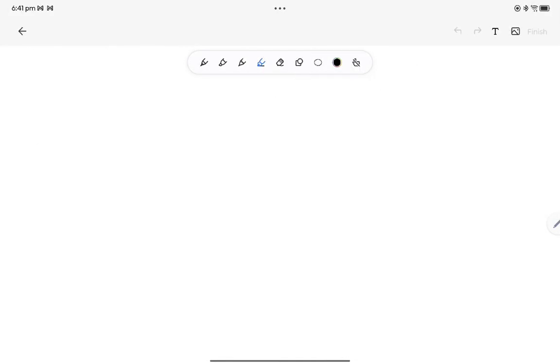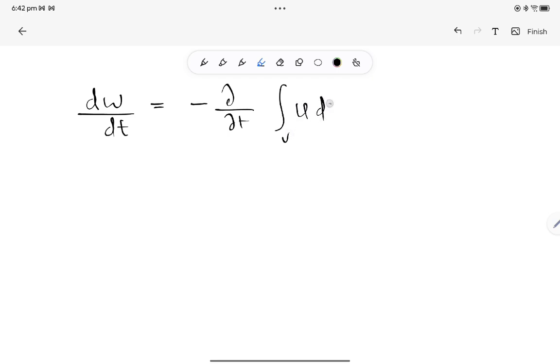We can write it more simply as dW by dt is equal to minus del by del t integral over V of u d tau, minus integral over S of S dot dA, where S is called the Poynting vector.